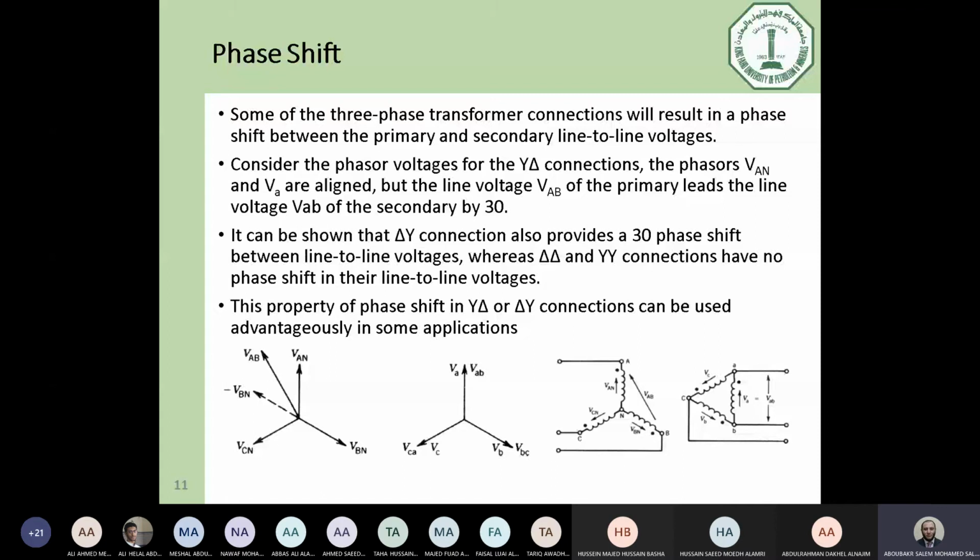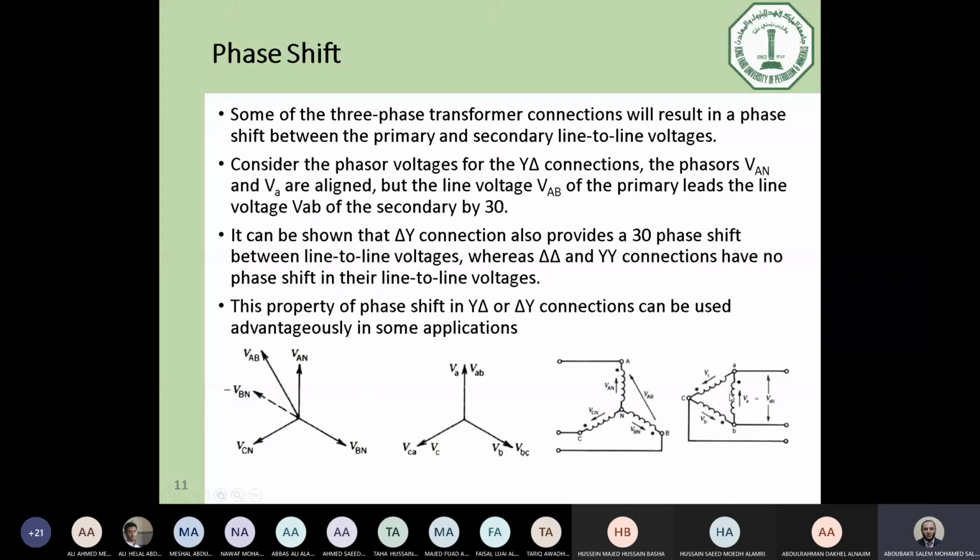Because the phase is transferred by the induction of the magnetic core. So we should respect the phase one. So VAN here will appear here with the turns ratio. So VAN phase here will appear here in VA, which is the same as VAB, but divided by the turns ratio.